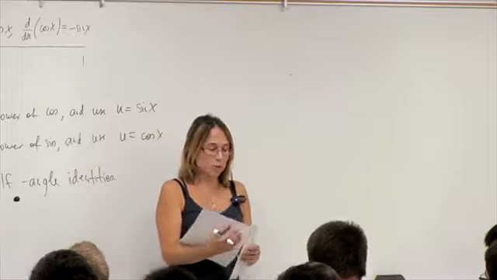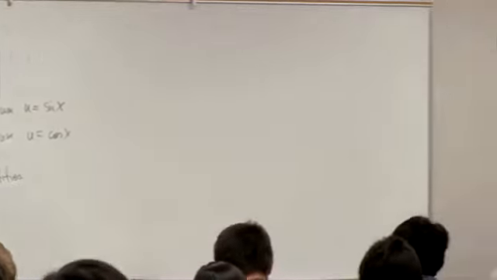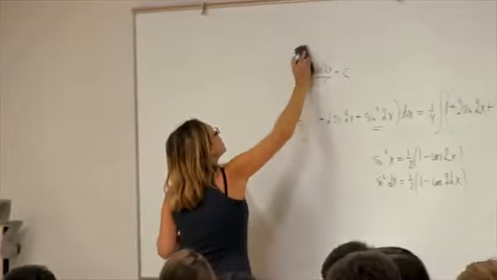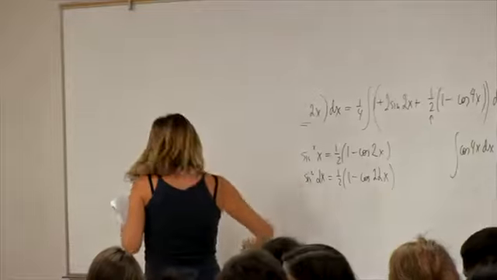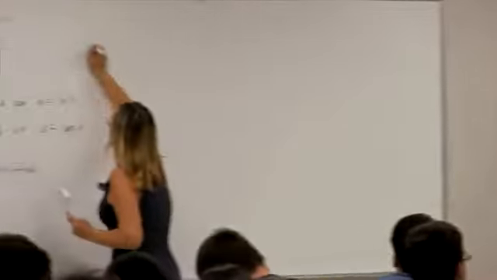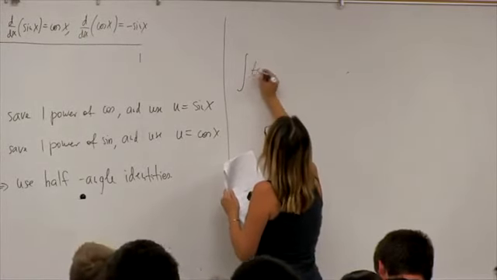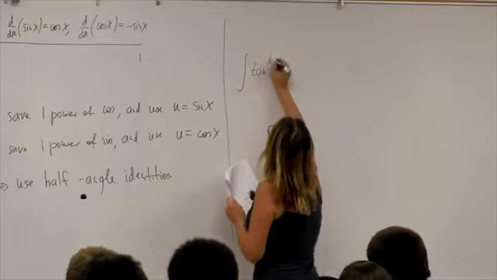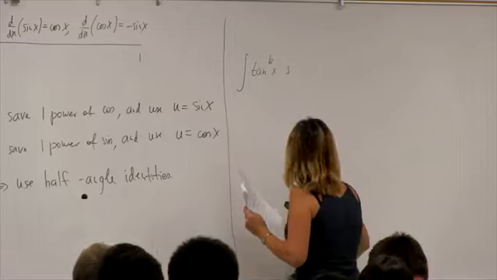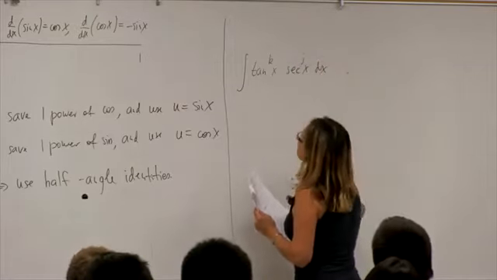The next topic is when we go to tangents and secants, and then it's a little bit more interesting. So to draw an analogy, actually, let me use this part of the blackboard. We're going to look at things like tangent^k x secant^j x dx.